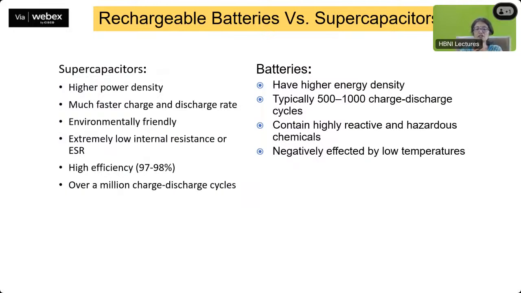Whereas when you look into batteries, typically the charge discharge cycles go from 500 to 1,500. And it contains very highly reactive and hazardous chemicals, as you know, for the electrolytes and all. And then you have these lithium dendrites forming, and then fire hazard and stuff like that. And of course, it is negatively affected by low temperatures because of the dendrite formation.